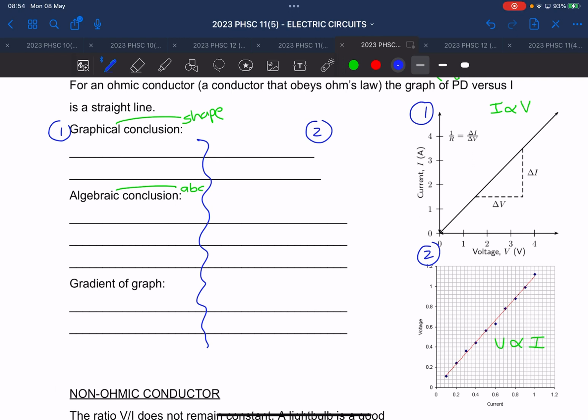In science, our mathematical conclusion is straight line. Both are straight lines. And from that, for the first one we got that the current is directly proportional to the volts, and for the second one we got that volts is directly proportional to the current.